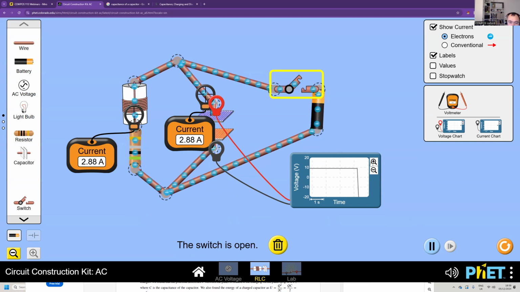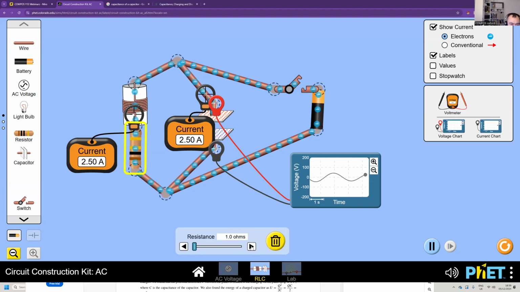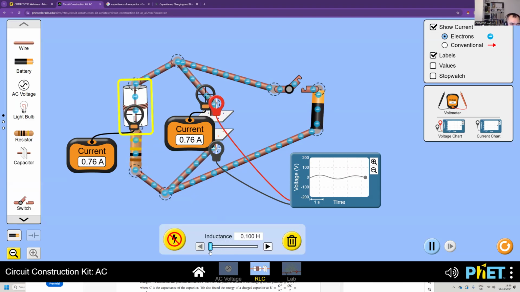Okay, open switch. So it's oscillating, but the amplitude is decreasing. So if I can reduce that even further.